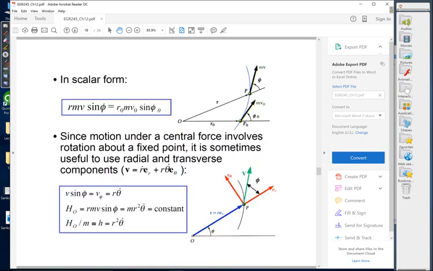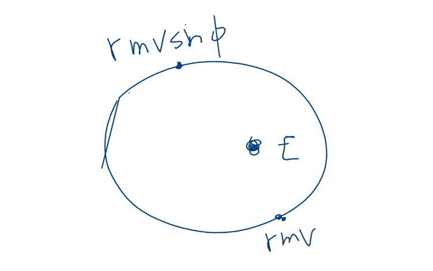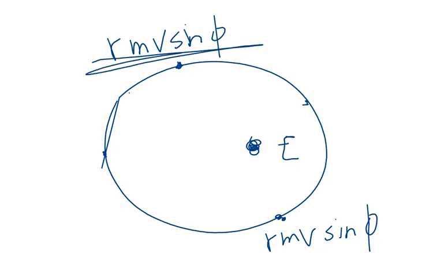And what that means is, in scalar form, if I pick any two locations in an orbit, maybe here's the Earth, then r m v sine theta here has to be equal to r m v sine of the angle here. It's constant. I can pick any point on this orbit, and its angular momentum has to be equal to these quantities.